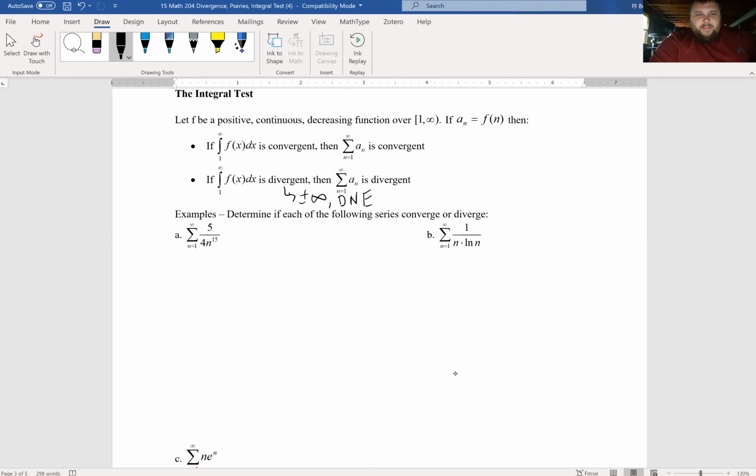So let's go ahead and try one of these. Notice your function that you plug into the integral is nothing more than the sequence inside the series. So you're just turning the sum into an integral from 1 to infinity of 5 over 4 n to the 15th. Now, instead of n, we're going to switch to x.